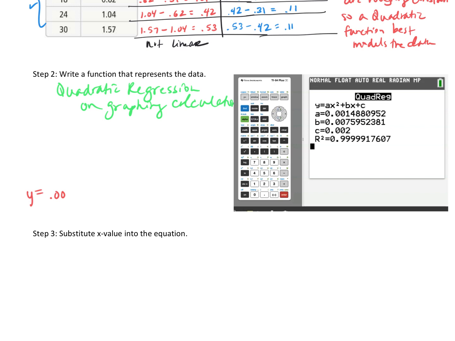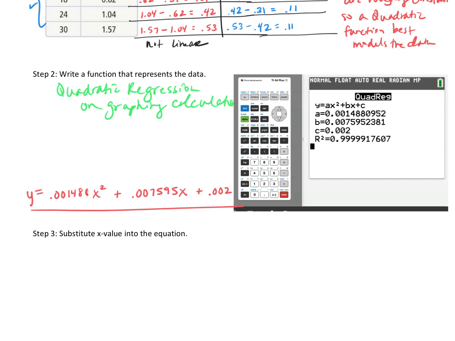That'll give us a more accurate estimate. So 0.001488 x squared plus our b value, 0.00 and then four numbers, 7595, x, and then plus our c value, 0.002. So there's our function that represents the data.